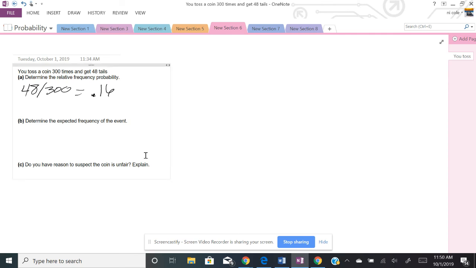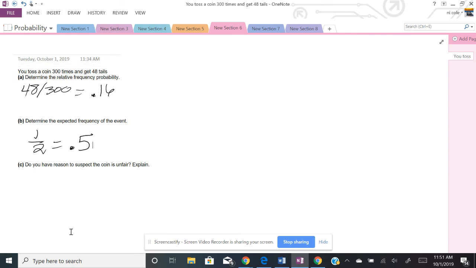Okay? When we throw a coin, determine the expected frequency of the event. So if I'm going to throw a normal coin, what do I expect? How often, or what's the probability of getting tails? Well, I expect it to happen 1 out of 2 times, which is 0.5.